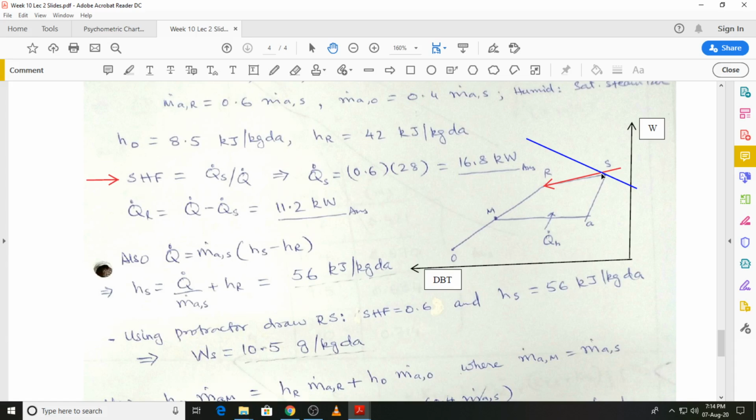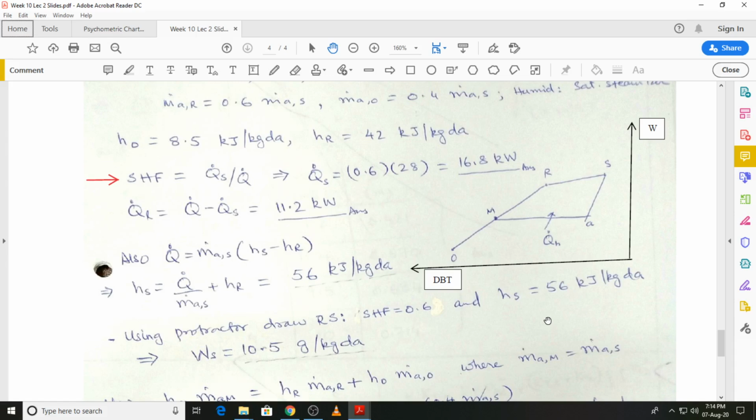So I can remove these lines and go back to the solution. Once we have located state S, we can find the humidity ratio, which is 10.5 grams per kilogram dry air. This is the value that you read from the psychrometric chart.